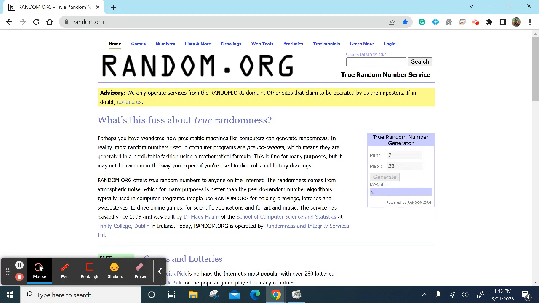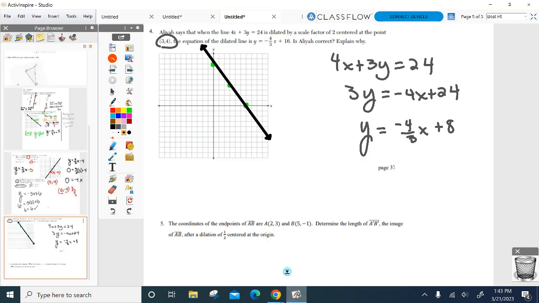On the line or not? On the line. All right.